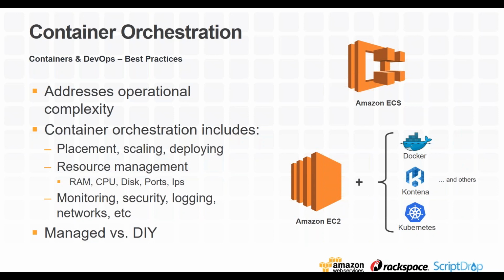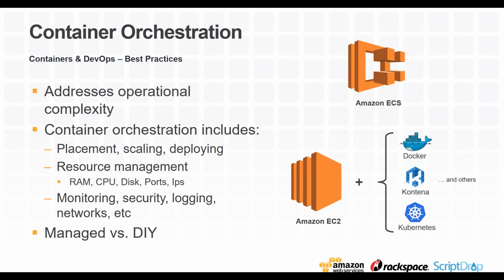There's a whole slew of them now that are coming out where you are then responsible for managing those. Or you can hand it all over to Amazon ECS and have them manage it for you. That's our best practice and recommendation, that you use a managed service like that so you can focus on your particular application and not on the underlying infrastructure.